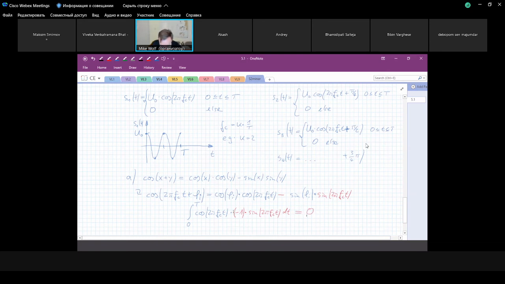So this means a cosine and a minus sine, which we know from the bandpass-lowpass transform, these quadrature carriers, they are orthogonal. So the cosine and the minus sine component can be used for the basis functions.